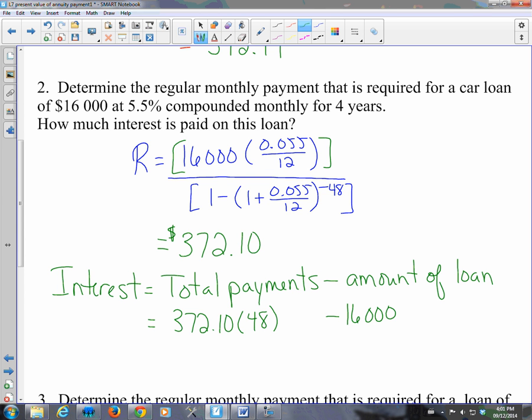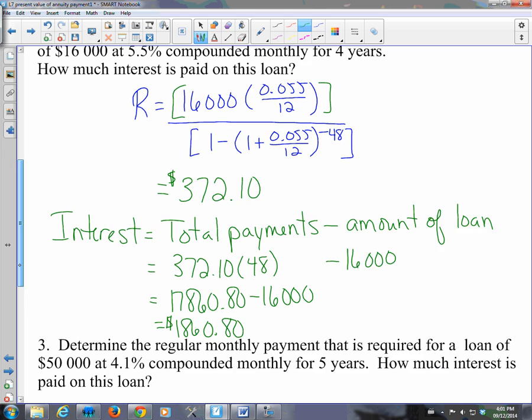So we have got 48 times 372.10, $17,860.80 minus $16,000 means we're paying over $1,000 to the bank to borrow their money, $1,860.80.